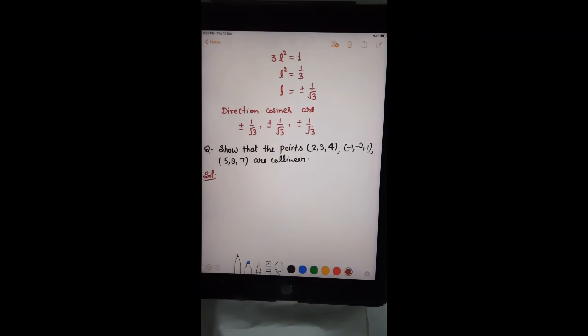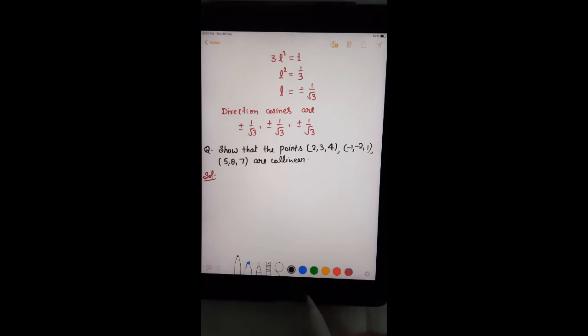One method we have already studied in class 11th: find the distances between each pair of points, then if the sum of two distances is equal to the third distance, we can prove the 3 points are collinear. But now we have the concept of direction ratio. With the help of direction ratio we can also prove that 3 points are collinear.